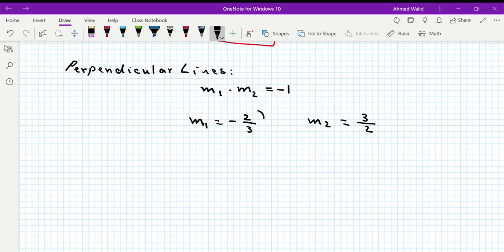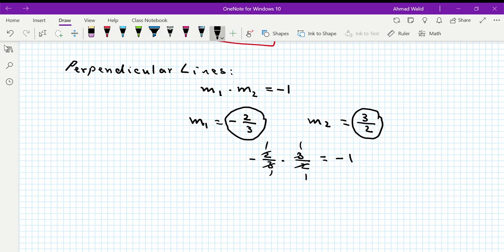Because their slopes are opposite reciprocals. Or, using the book's definition, if I multiply these two slopes, negative 2/3 with 3/2, my answer is negative 1. 2 cancels with 2, 3 cancels with 3, and it gives me negative 1. That is the criteria for the slopes of two perpendicular lines.